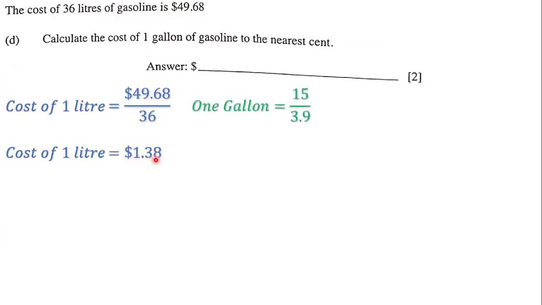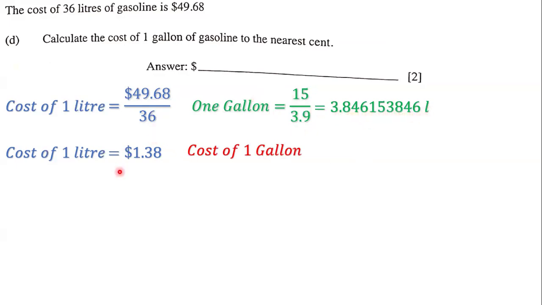Now we know from the previous question that 1 gallon is going to be equal to 15 divided by 3.9, which is 3.846153846 liters. So 1 gallon in terms of liters is going to be 3.846153846 liters. And so what's going to be the cost of 1 gallon? Or said differently, what's going to be the cost of 3.846153846 liters?